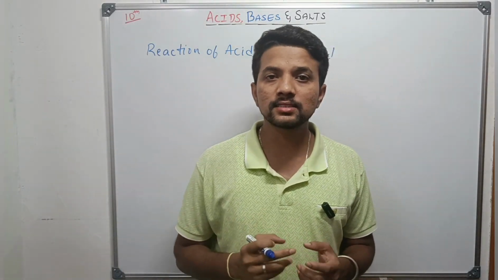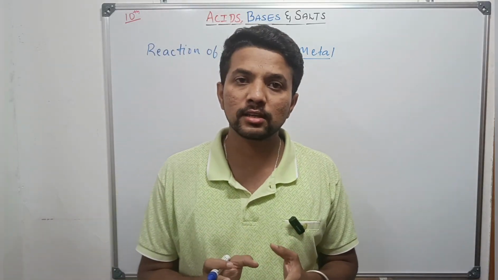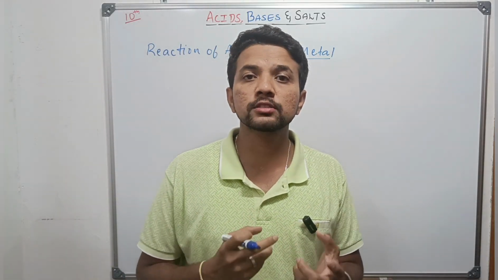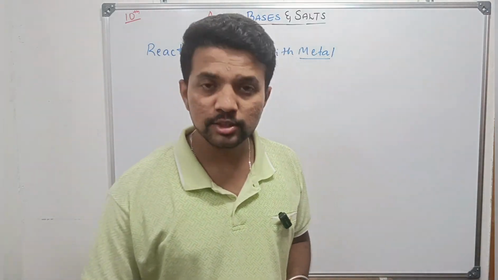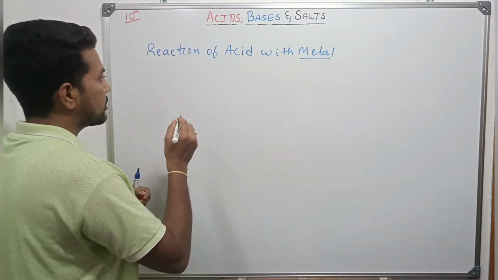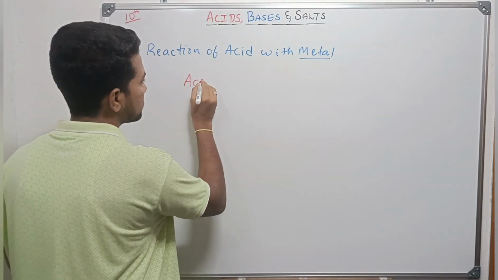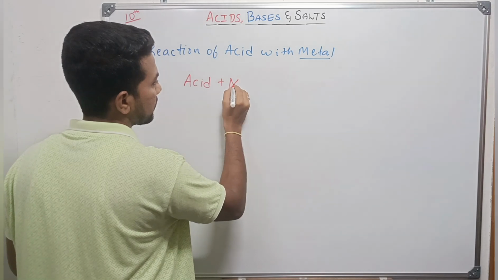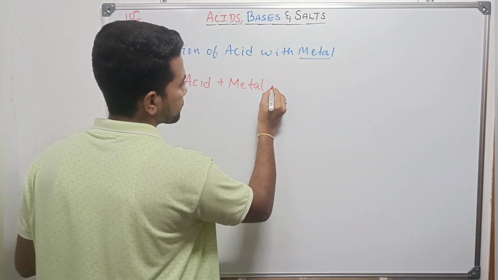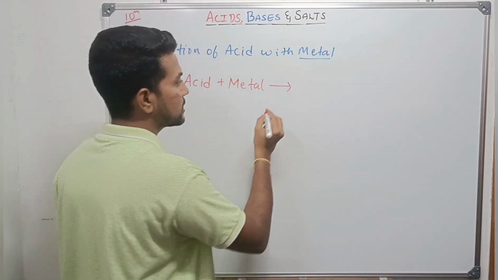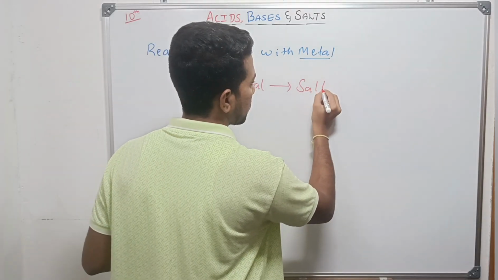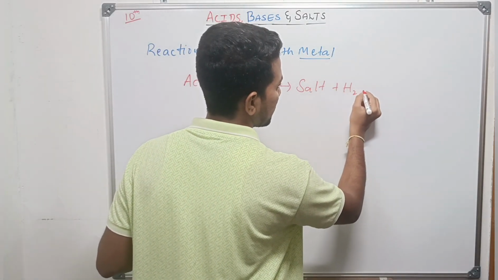Whenever the acids react with metal, there is a formation of corresponding salt and evolution of hydrogen gas takes place. So it is generally represented as: when the acid reacts with metal, there is a formation of the corresponding salt and also an evolution of hydrogen gas.